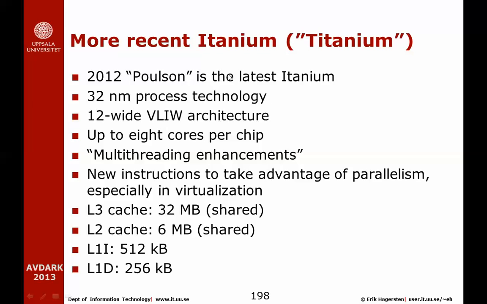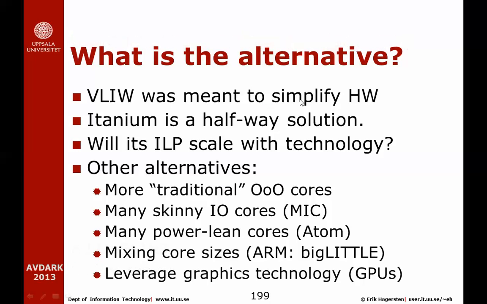Itanium had maybe 20% of the HPC market in the beginning of, I don't know, around 2003, 2004. Right now, I don't think they have a single entry on the top 500 list. So they have really left that market, and they're porting their own software technology onto x86 for the commercial customers. So what's the alternative here?